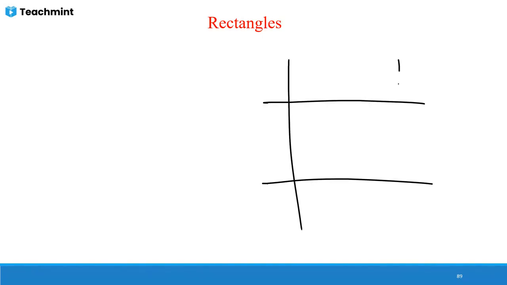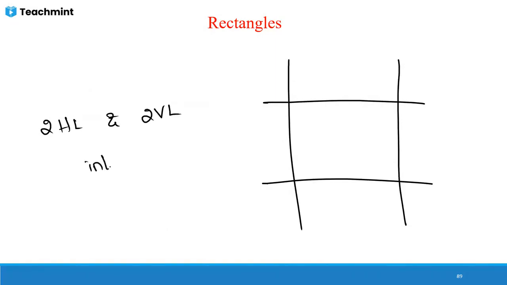See one simple thing. If you are already done with the counting figures topic, fine. Or else, if you want a rectangle, my dear friends, I want 2 horizontal lines and 2 vertical lines.